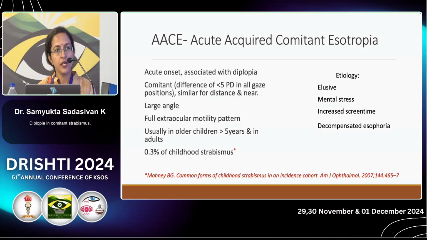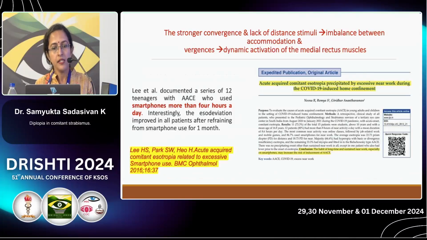It is a large angle esotropia typically with full extraocular motility in all directions, seen usually in older children more than 5 years and also in adults, and accounts for nearly 0.3% of childhood strabismus. Etiology is essentially elusive. Mental stress, increased screen time, and decompensation of esophoria have been hypothesized to be causing this. So this is an interesting article which got published from Kerala in the COVID times.